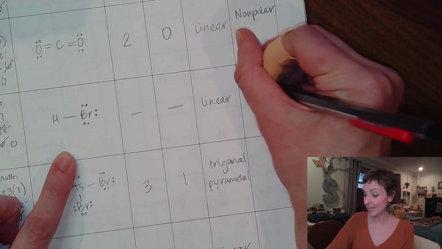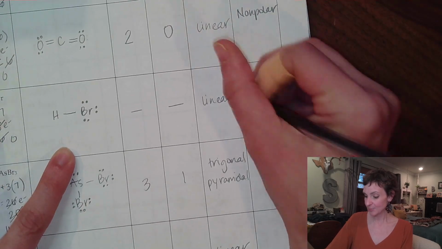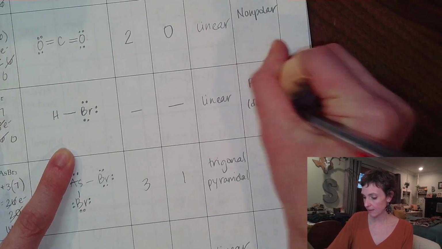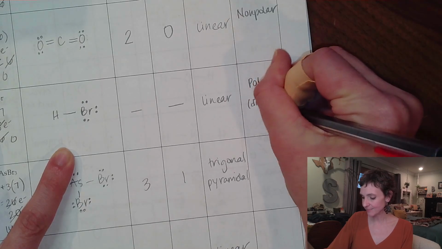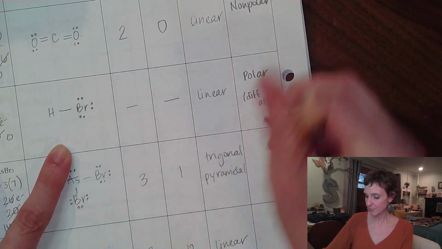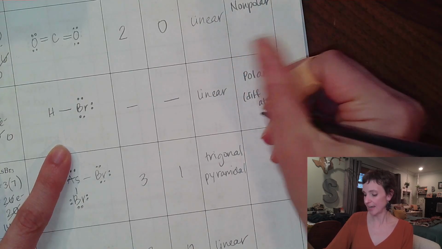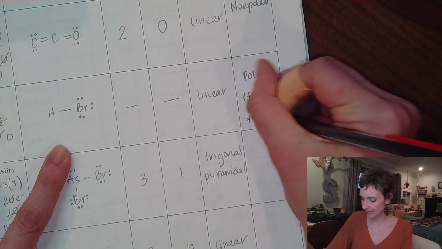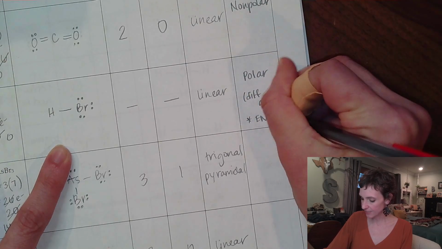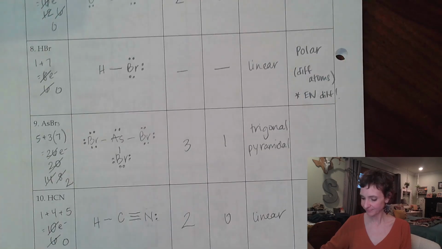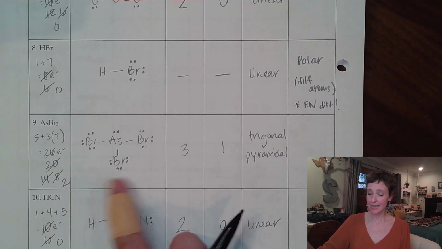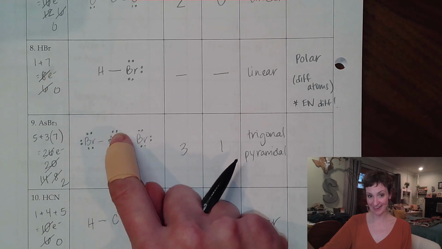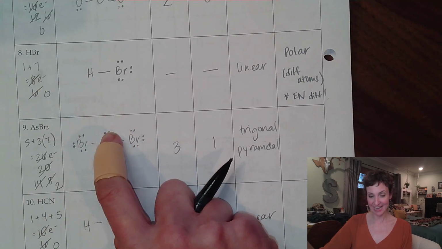So we're going to call this a polar molecule because we have different atoms. So we could say, look at electronegativity difference.